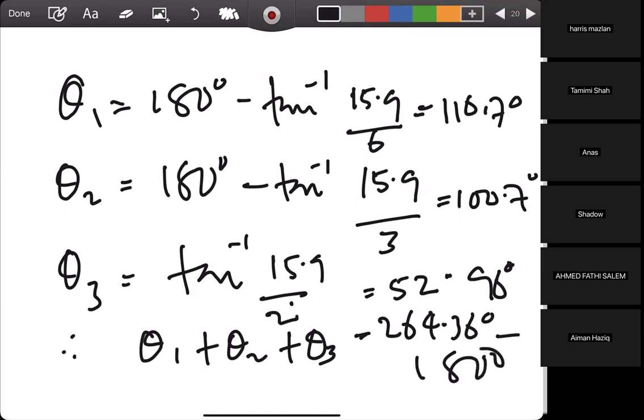Minus 180 degrees, so the theta will be 84.38 degrees. Something like that.